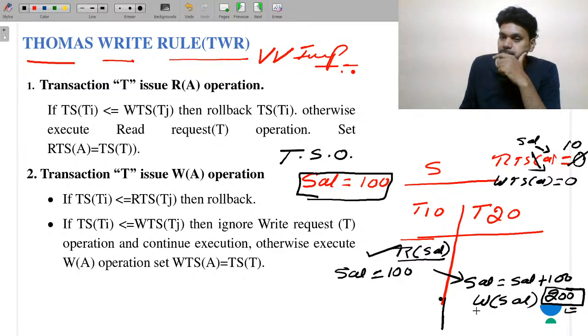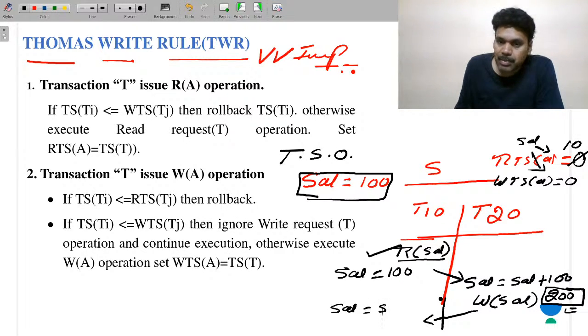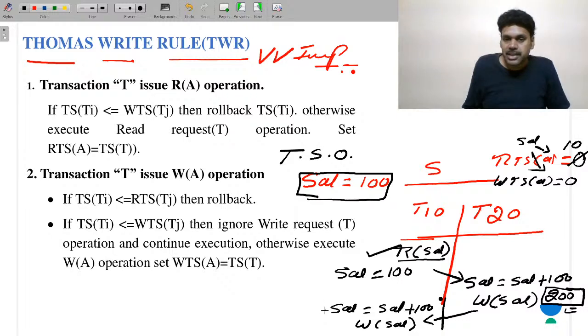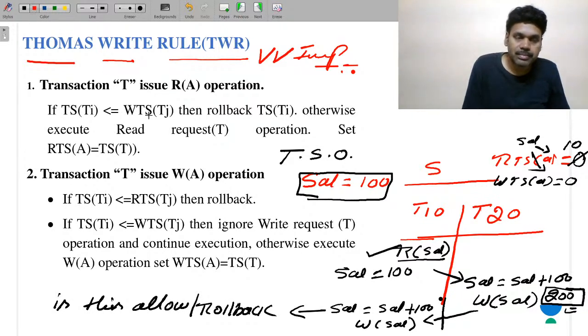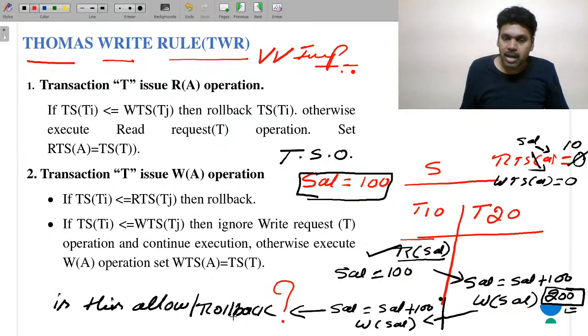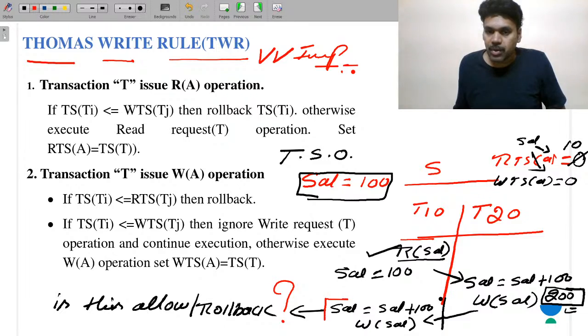Now observe, I am coming back with salary is equal to sal plus 100 and W of sal. Is this allowed or rollback? All of you, is this allowed or rollback?